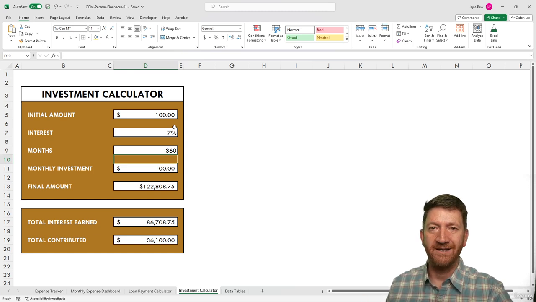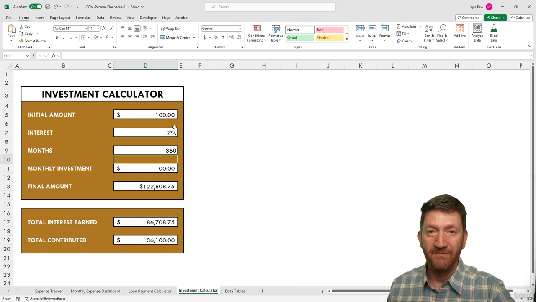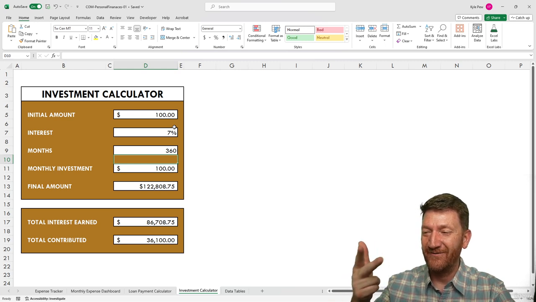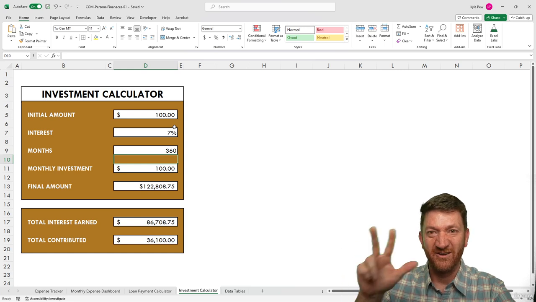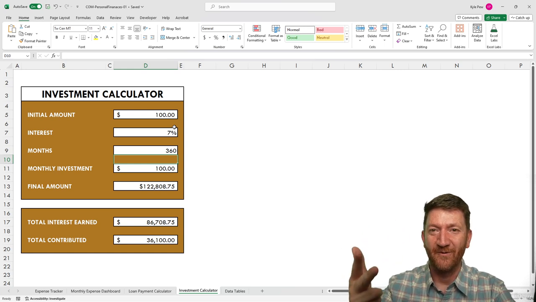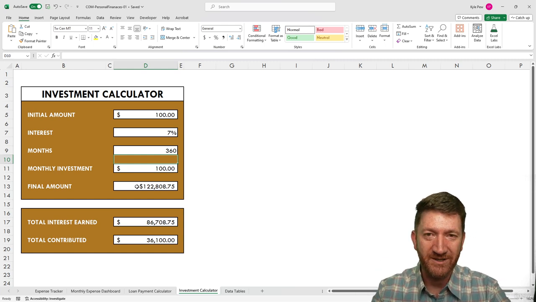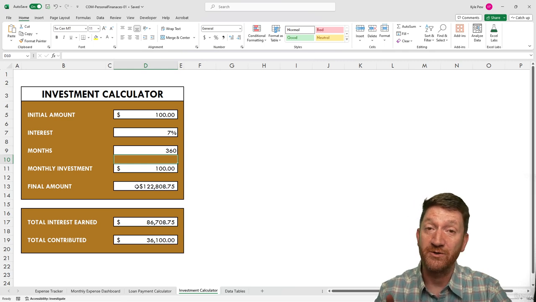If I start working in my 20s somewhere, let's say I start a full-time job at 24, 30 years later, we've got 24, 34, 44, 54, 64. No, that's 40 years, 30 years. 34, 44, 54. So 54 years old, if I started this at 24 years, I would now have $122,808 roughly with these numbers right here.